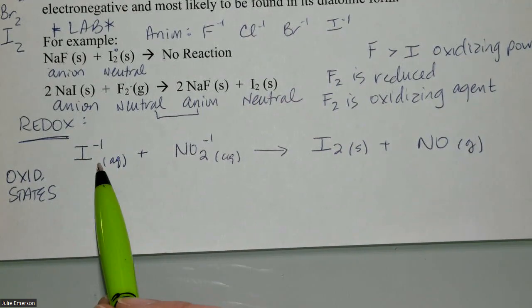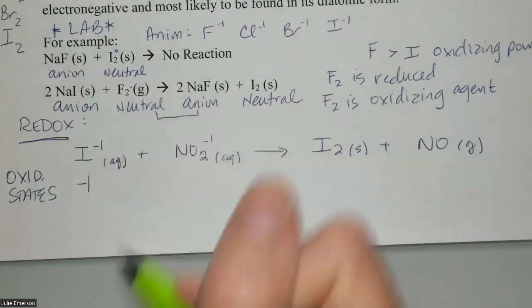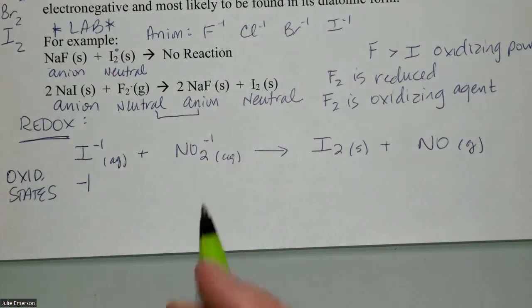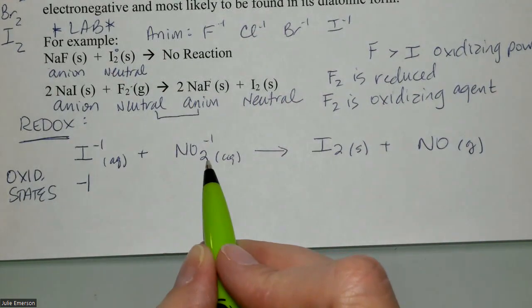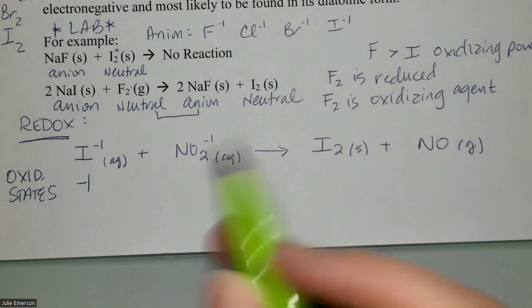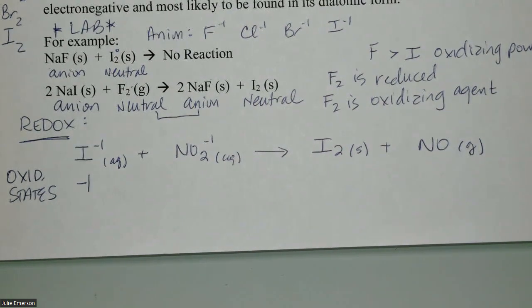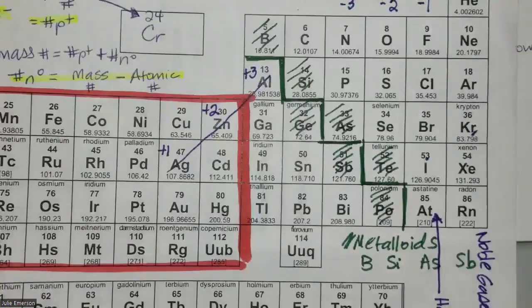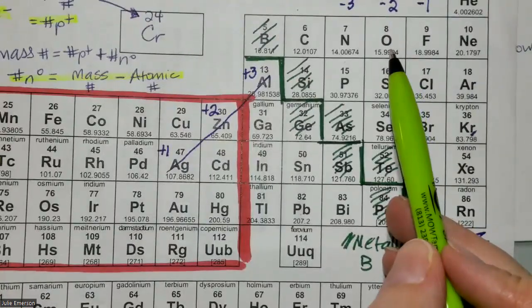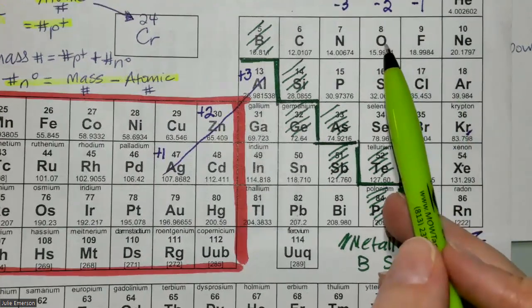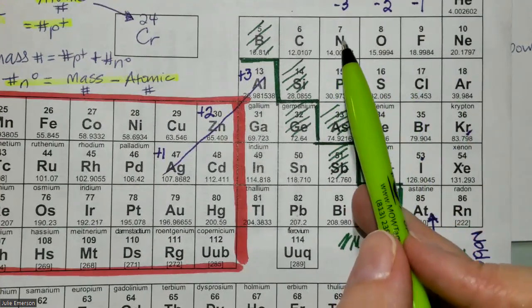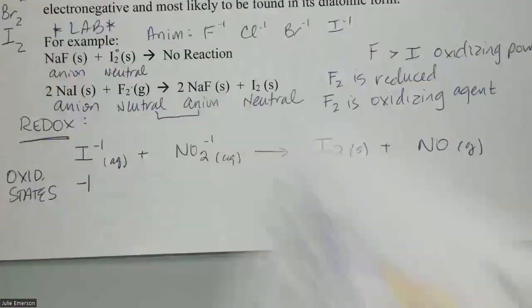So iodide here on the reactant side has a charge or an oxidation state of -1. For the nitrite, when we're assigning oxidation states, always go with the perimeter of the table first. In other words, oxygen is closer to the end, the perimeter. So we're going to do oxygen first, and then nitrogen will be the unknown, the one that we don't know.